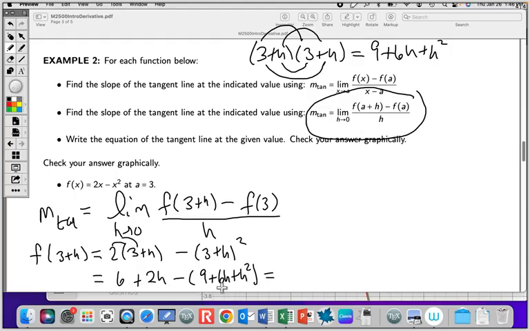So if you distribute the negative, we're going to end up with negative h squared, 2h minus 6h, negative 4h, 6 minus 9, negative 3. And f of 3, well, that's the same value as it was before. That's a negative 3.